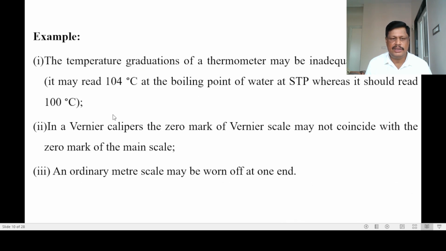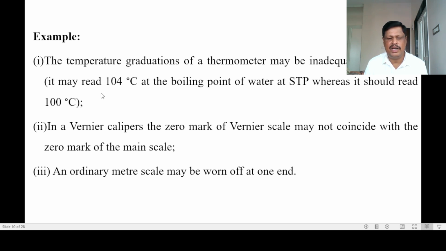Next, an example of systematic or instrumental error is that the temperature graduations of a thermometer may be inadequately calibrated. It may read 104 degrees centigrade at the boiling point of water at STP, whereas it should read 100 degrees centigrade.